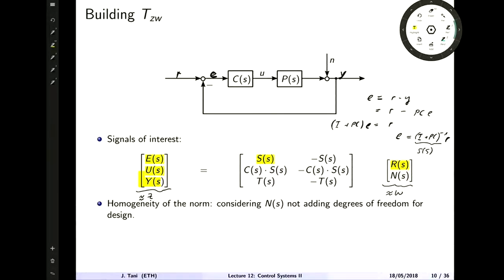And we know that the norm is homogeneous, so minus is the same as taking out the minus. So in fact, if we solve the problem for the first column here, then we don't have to look at the second column because it will just be the same, right? As soon as we take the norm, the minus doesn't play a role anymore, which is why we take out n for the H infinity design and we just consider the reference R and one of the columns, because we don't have more degrees of freedom if we consider both.